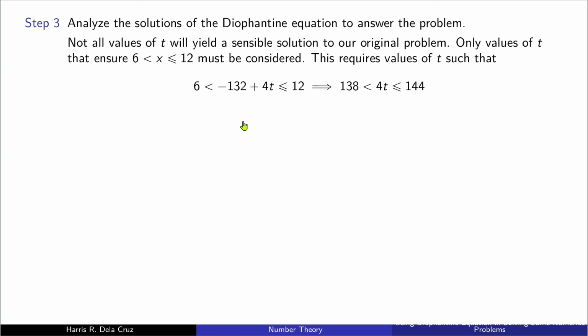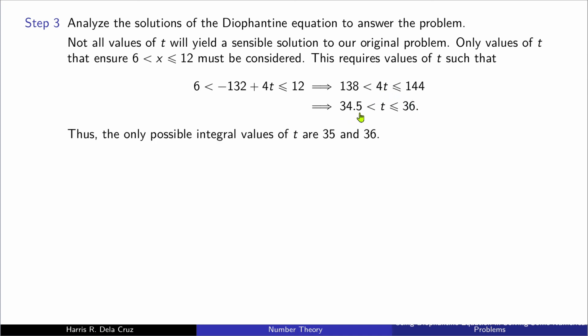Kung isosolve natin yung inequality na to, add 132, add 132, add 132, so we have 138 is less than 4t and 4t is less than 144. So divide everything by 4 gives us t is between 34.5 and 36. Siyempre, hindi pwedeng 34.5.